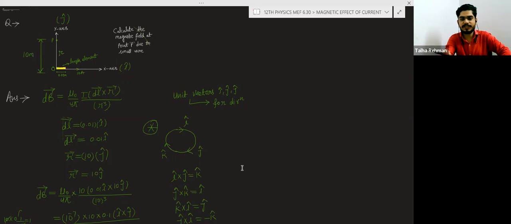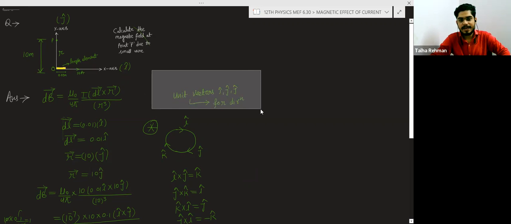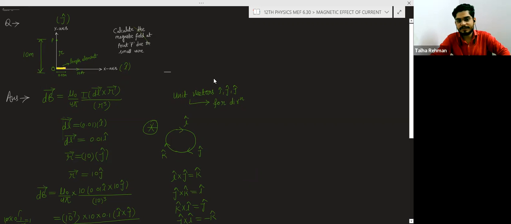So there, these things are very, very easy. But those who have bio or other subjects are not comfortable with these vectors. And basically vector is not physics, vector is maths.